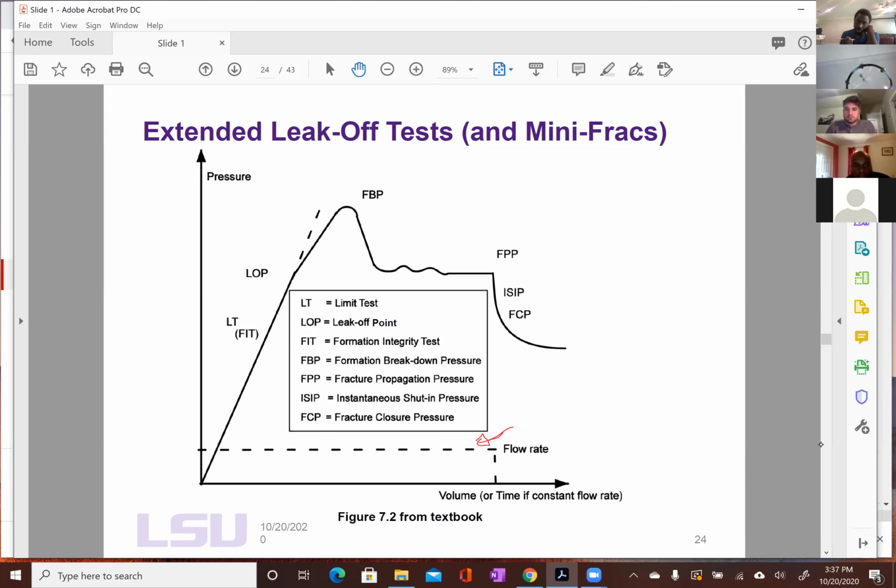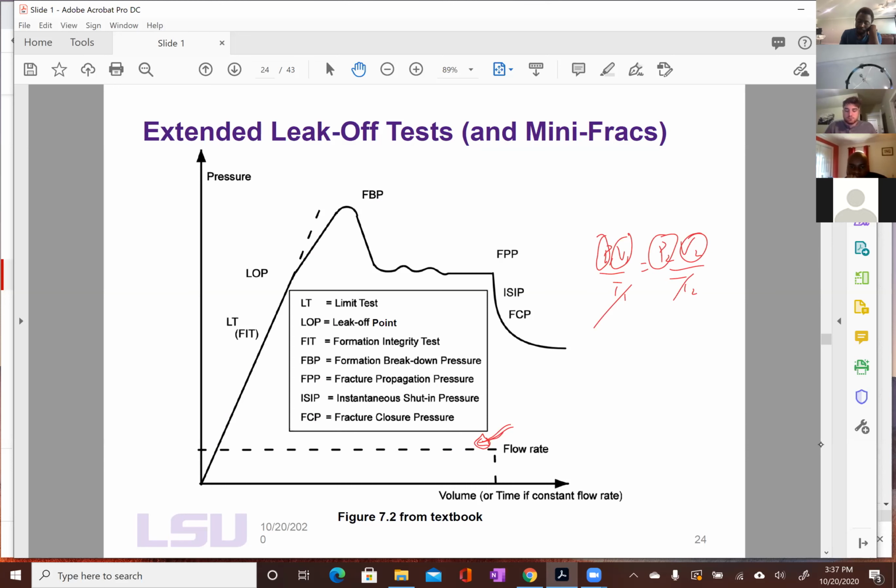So the pressure should increase at a constant rate, just from the laws of physics, right? So this is constant. The ratio of V1 to V2 is fixed, and that will be related to the ratio of P1 to P2. So the pressure is increasing at a constant rate, just like the flow rate is constant, right?